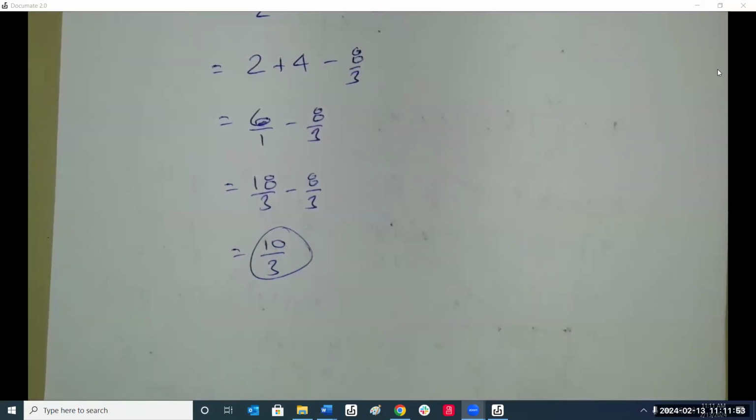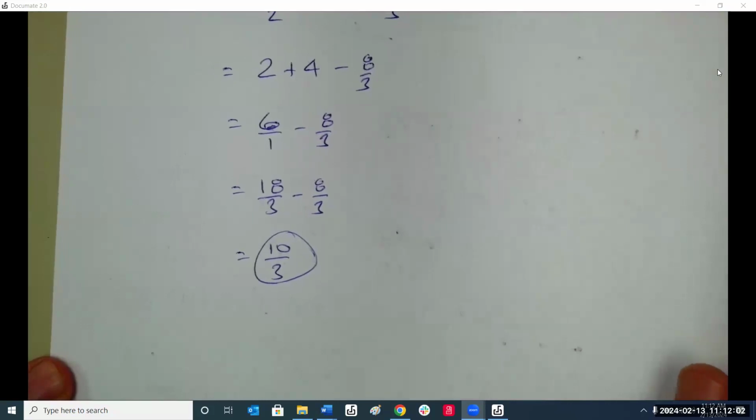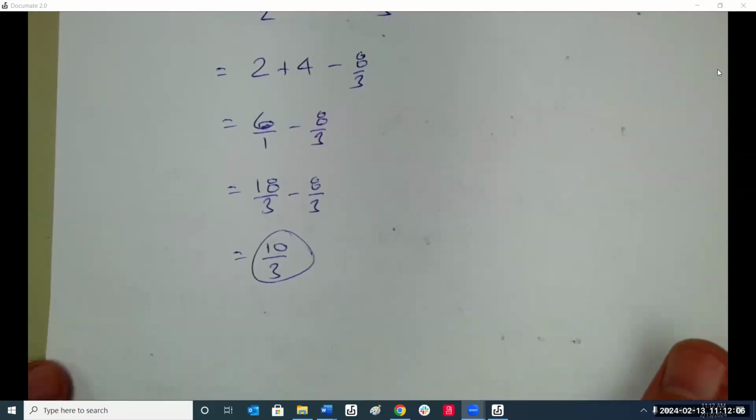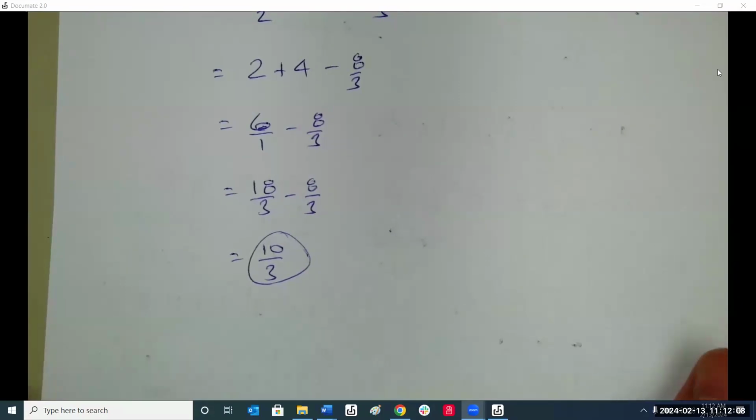Is 10/3. So that's the area of that one.